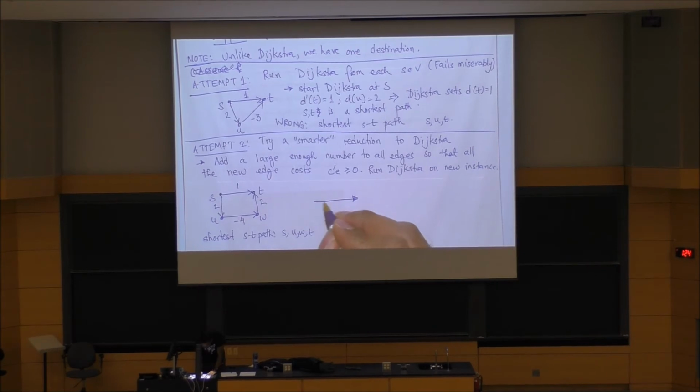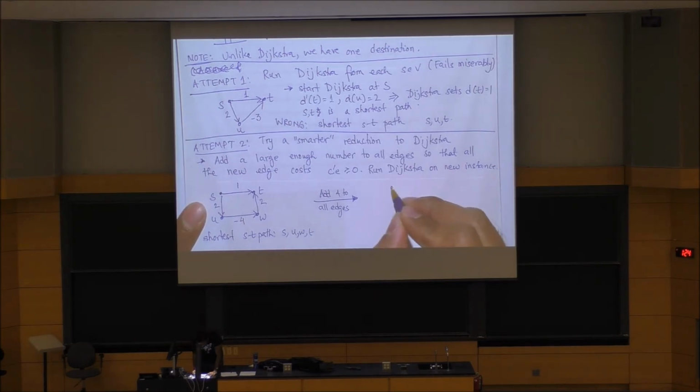And let's say we add 4 to all edges. As Evan said, you can just add the absolute value of the smallest edge. So again, the edge structure remains the same. It's just the edge values that are changing.